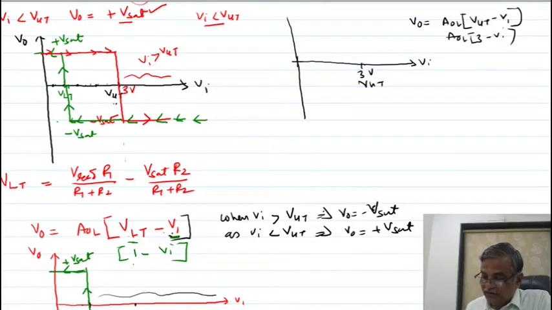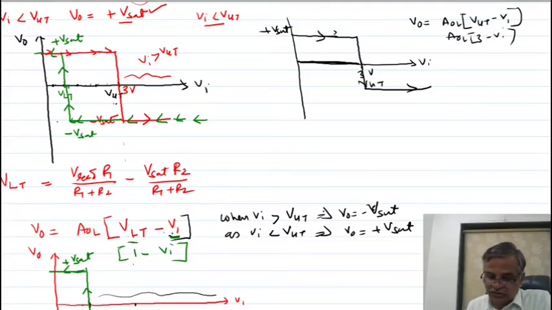So when Vi is less than this 3 volt, your output is plus V sat. Up to 3 it is plus V sat. As Vi becomes more than VUT, your output changes state. So this is your output for the upper threshold voltage. As the output becomes minus, your equation will be AOL times VLT minus Vi.